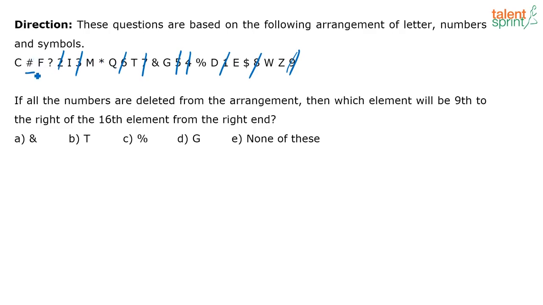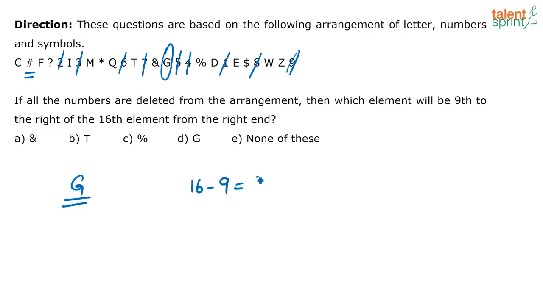So the 16th element from the right end is this. Then you have to find the 9th to the right of this: 1, 2, 3, 4, 5, 6, 7, 8, 9. So G is going to be our answer. Now what is the other way to do it? See, 16 minus 9. What is 16 minus 9?